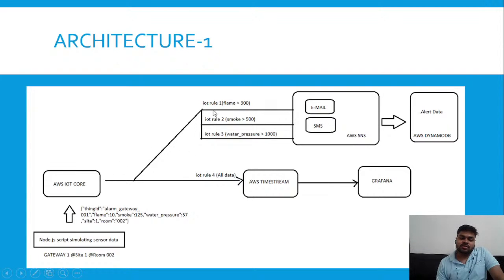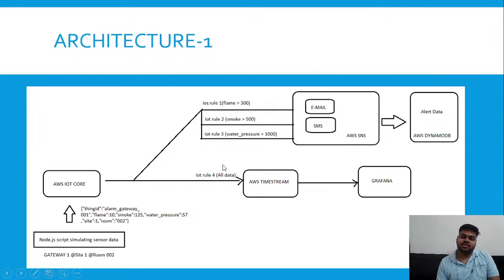There are three rules. The first rule is that if flame value is greater than 300, we trigger AWS SNS, the service for email and SMS. There is a second rule for smoke greater than 500, and a third rule for water pressure greater than 1000.